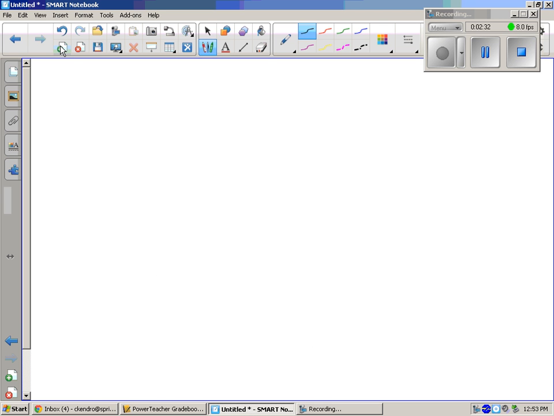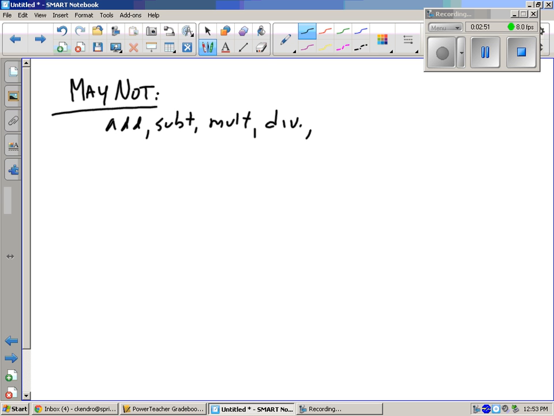Before we try another one, I want to write down some things. On the last one, I said, like in algebra, you can cancel those out. But there are some things you may not do that you do in algebra. You may not add, subtract, multiply, divide, square, or square root on both sides.